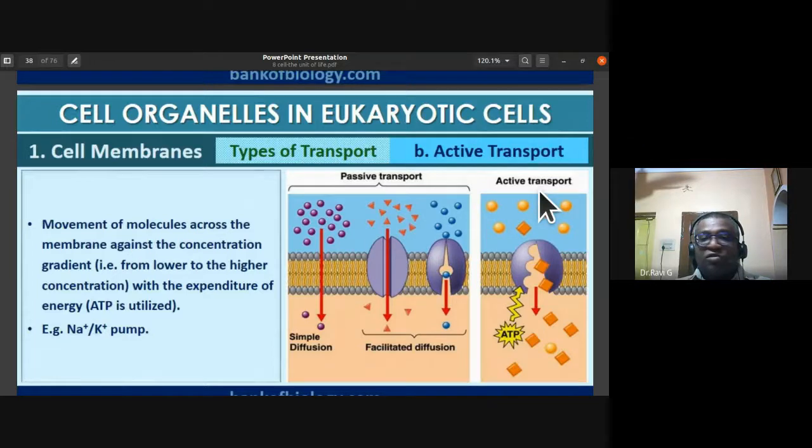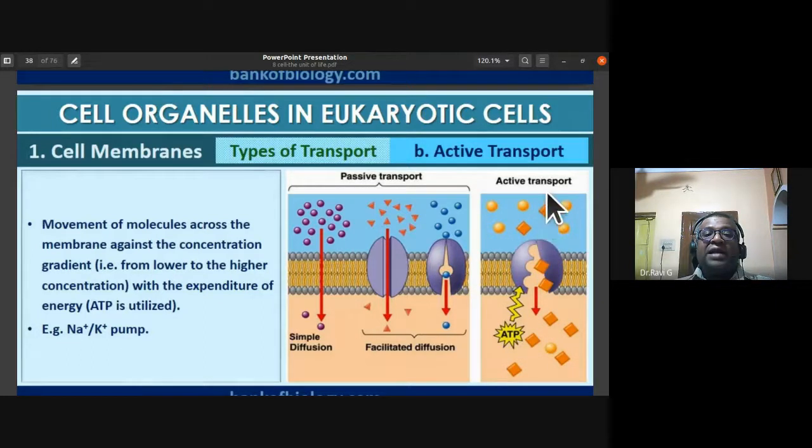The movement of molecules across the membrane against the concentration gradient, that is, these particles are moving from lower concentration to higher concentration, and this requires expenditure of energy. With the expenditure of energy, ATP is being utilized. Example, sodium ion or potassium ion pump. So these are all active transport mechanisms.